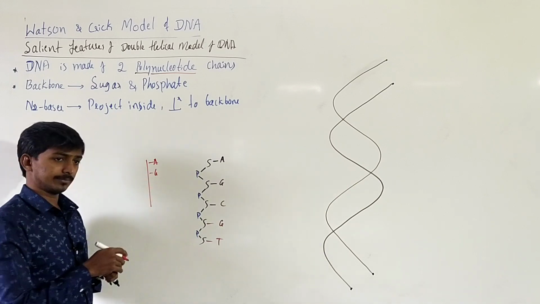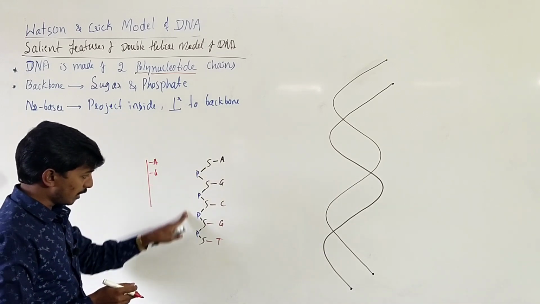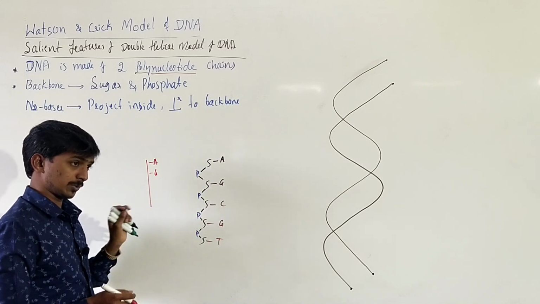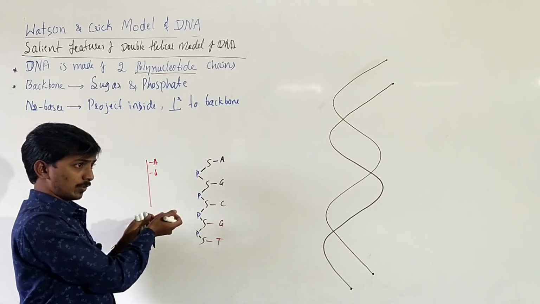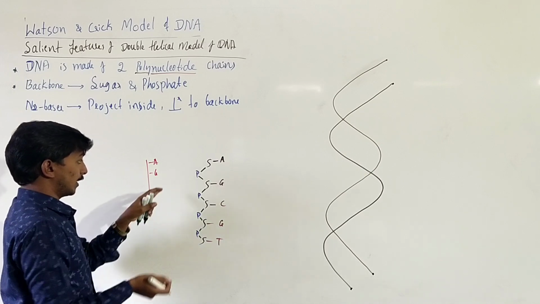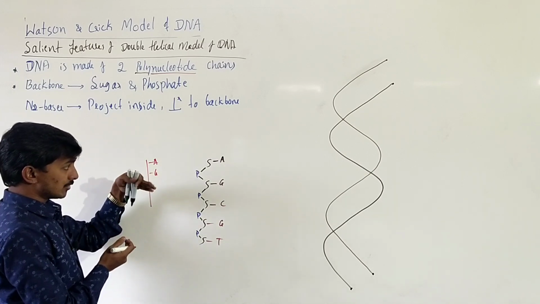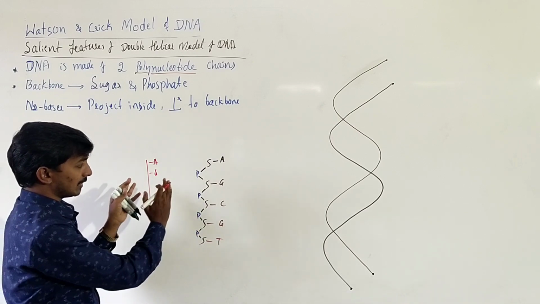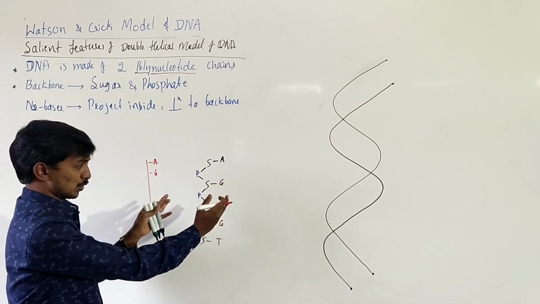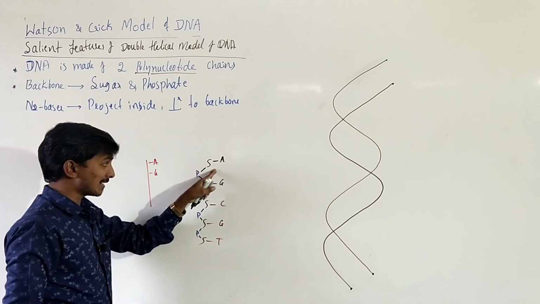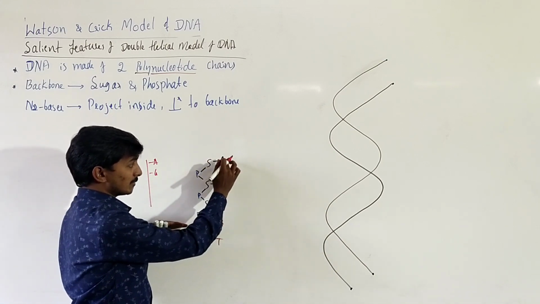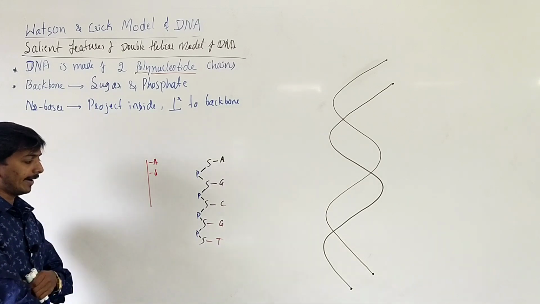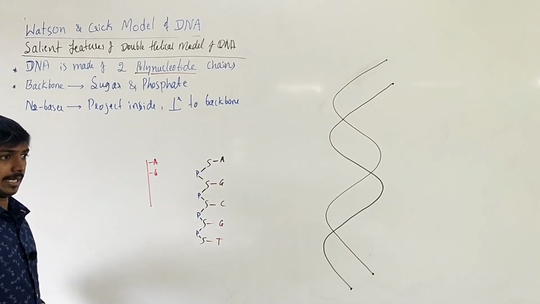The backbone is made of sugar and phosphate, which is turning outside. But the nitrogen bases are arranged perpendicular to the backbone, and they are facing inside. Sugar is at the middle, phosphate is at the outside, and the nitrogen bases are at the inner side.